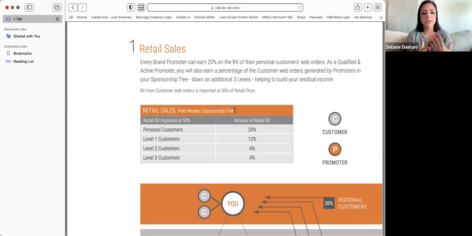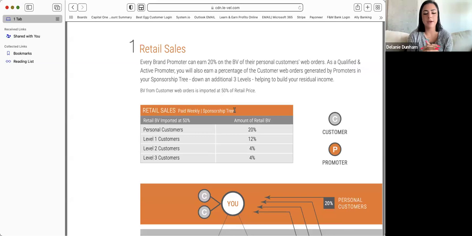So it's usually around 50%. I'll be honest, I do not get caught up in checking the BV on every single thing. You can message support and they'll tell you the BV value for each thing, but usually it's around 50%. So for that example of selling a classic three-step system for 160, the BV of that would be $80. So you're making 20% of $80, not 20% of 160. So that would be 16 bucks.